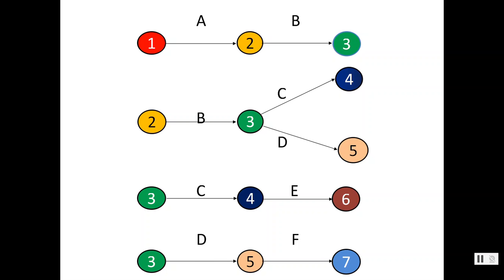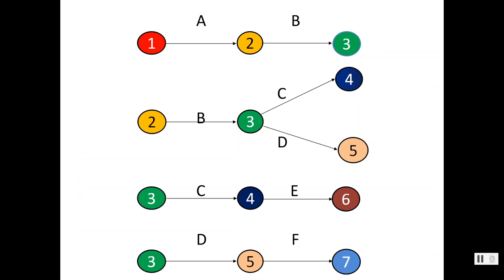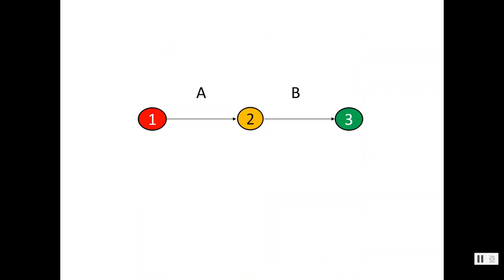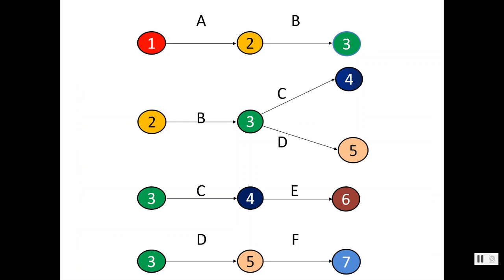It means E is the successor of C, and C is the immediate predecessor. Similarly, we go ahead and discuss F and D. F is the successor and D is the predecessor. So D is the predecessor, F is the successor.